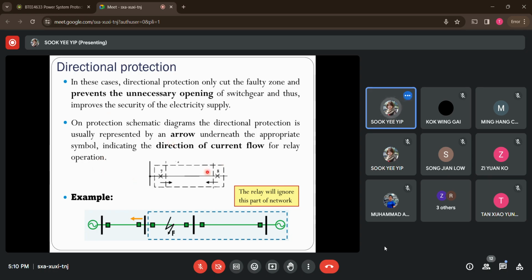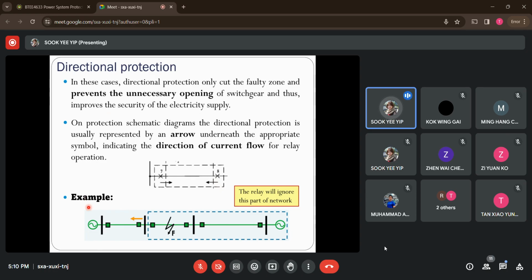How about relay 8? With the arrow pointing to the left, looking into the line, it will protect or trip those faults that occur at its left-hand side, but ignore those that occur at the right-hand side instead. Usually this arrow tells you the direction of the faults this relay is able to detect.